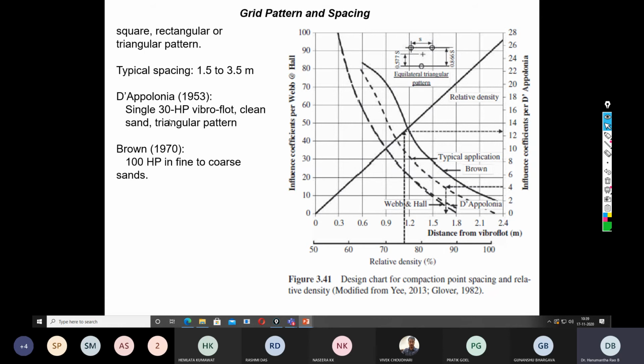D'Appolonia used a 30 HP single vibro float and developed this graph. And Brown, considering a 100 HP probe and soil of fine to coarse sand, again proposed the same graph. Now how to use this graph?